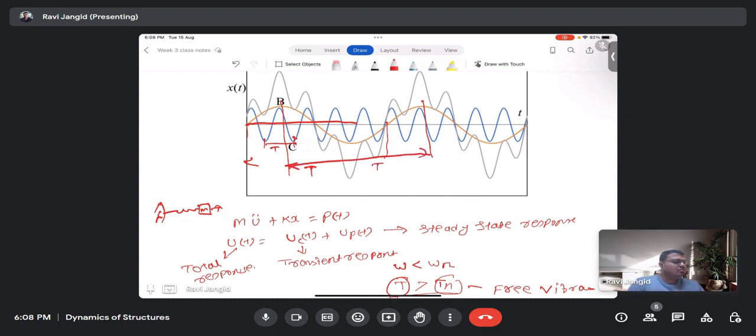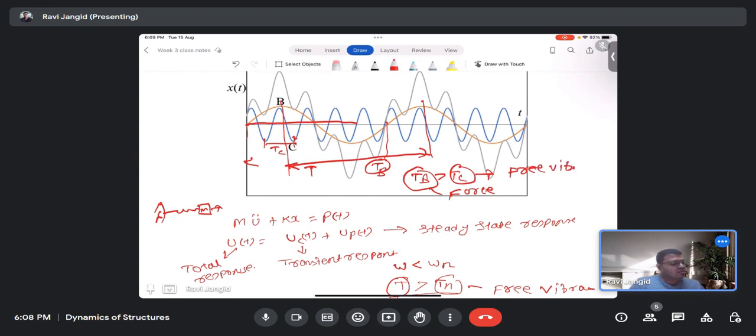Yeah, okay. So if you look at this, your curve B represents the forced vibration because this T is greater than this T. Let us suppose this is TB, and this we call TC. TB is greater than TC, means TB is for the forced vibration, and TC is for free vibration.